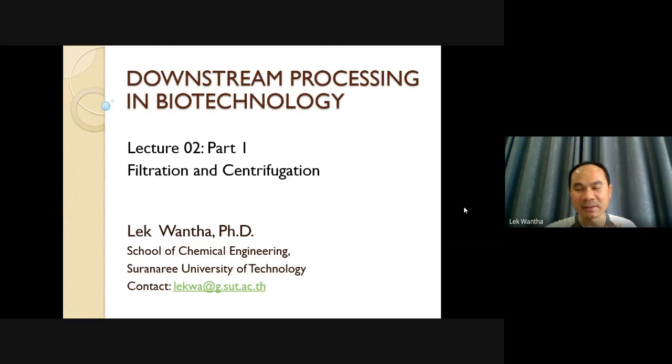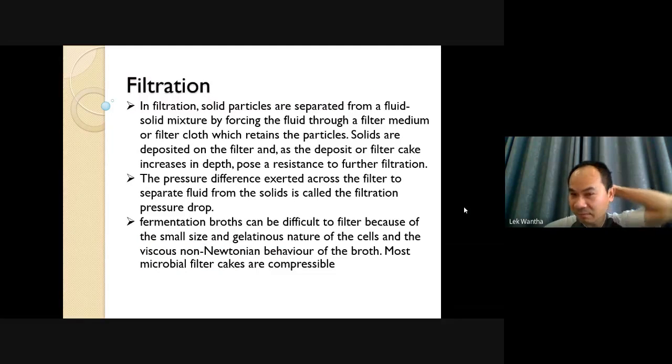First, we have to separate the solid out of the mixture. There are lots of techniques to separate solids. The first technique that I talked about is filtration, and the second technique is centrifugation. For this video, I will first talk about filtration.